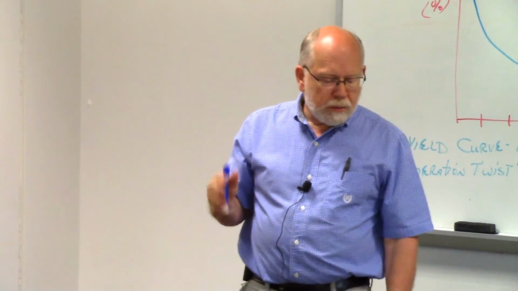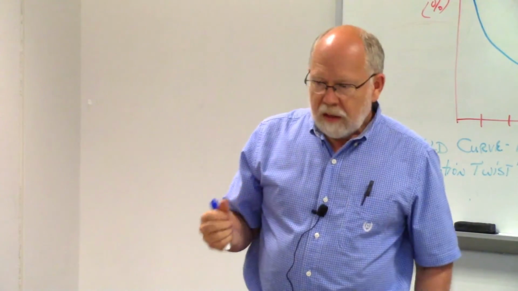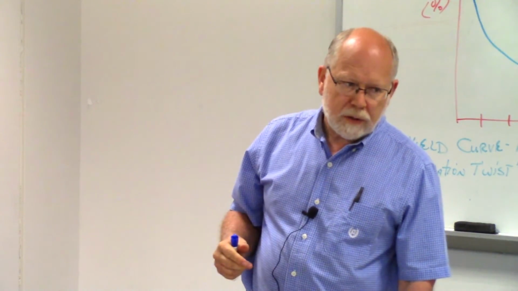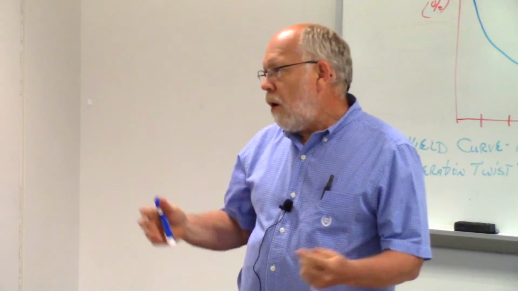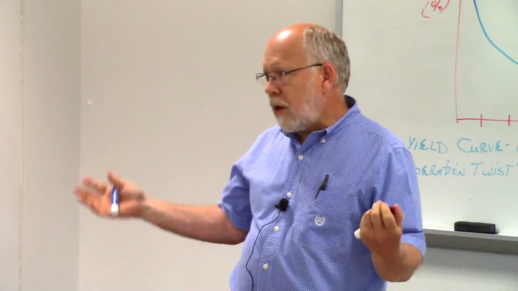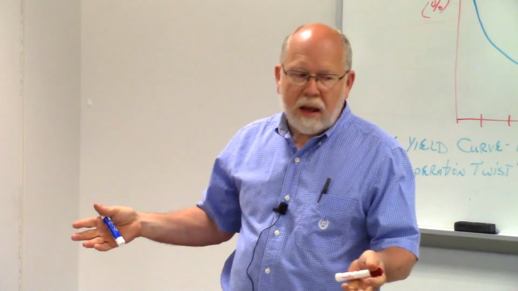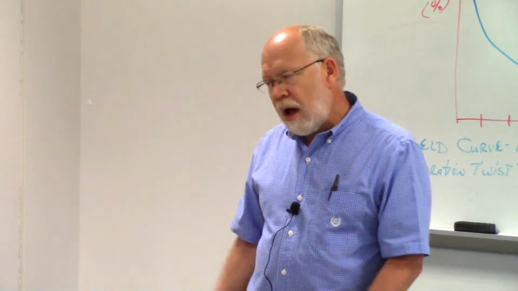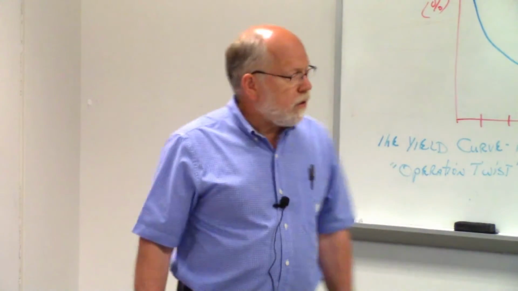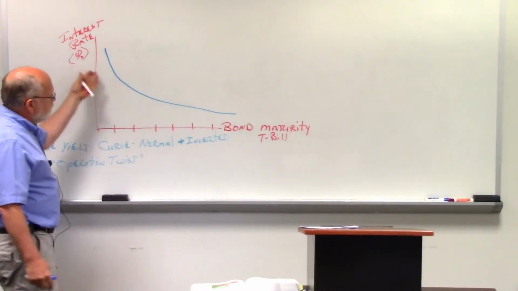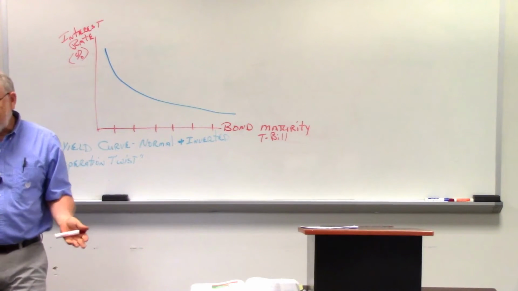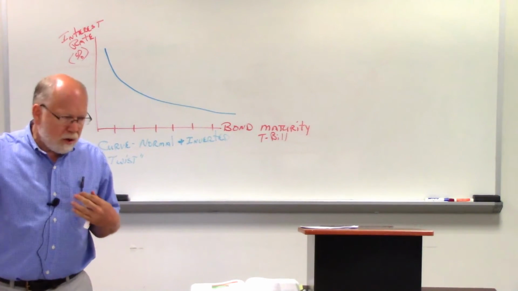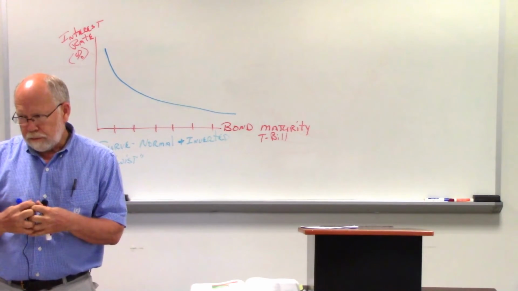Now, it has always been a rule of thumb that if the yield curve ever becomes inverted, that's like a weather report saying a hurricane's coming, you better batten down the hatches, you better get away from the coast, this is not looking good. If the yield curve ever becomes inverted, that's a classic case that investors in the market don't want to be long in the market, they want to be short.